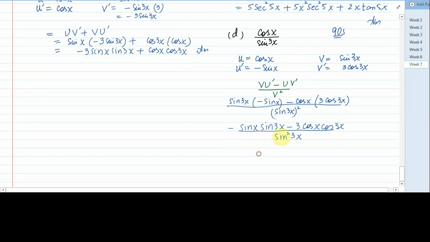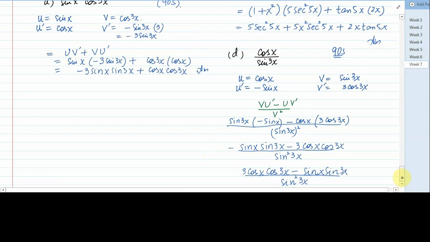And after that, if we take the negative sign common from the numerator, that will be equal to minus 3 cos x cos 3x plus sine x sine 3x, divided by sine square 3x.